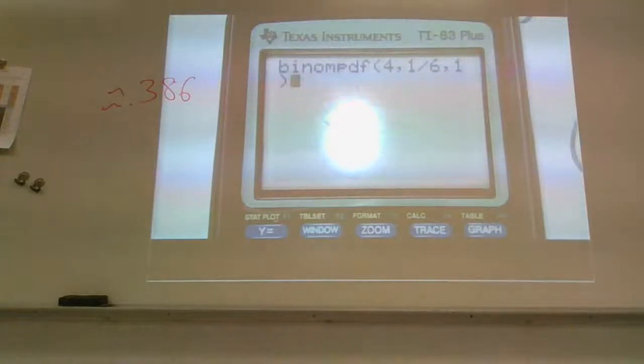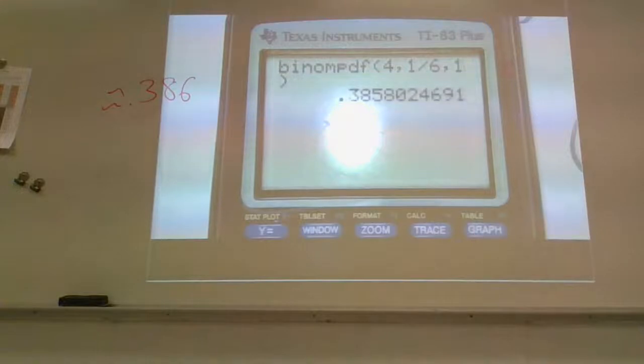Binom is actually short for binomial. A binomial problem is when you have a probability problem that can be broken down to a series of either successes or failures, either a series of yeses or nos. And what a binomial distribution actually does for you is it knocks out the exact calculation that you need.